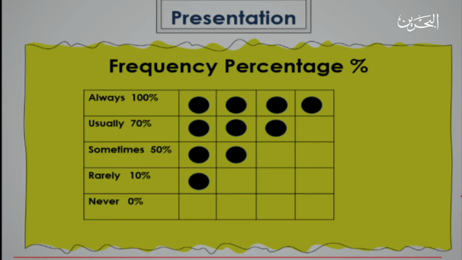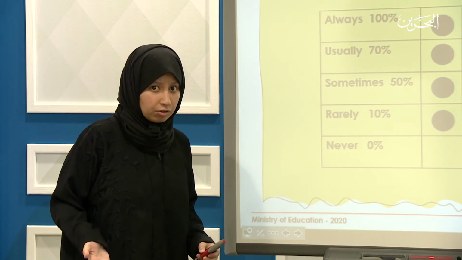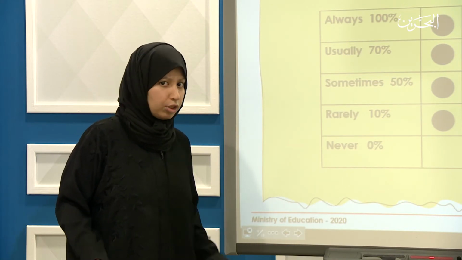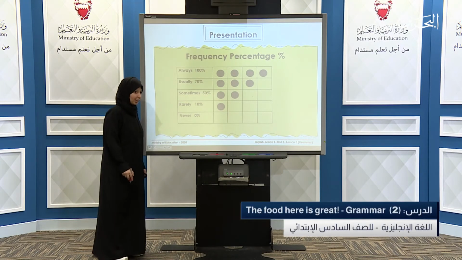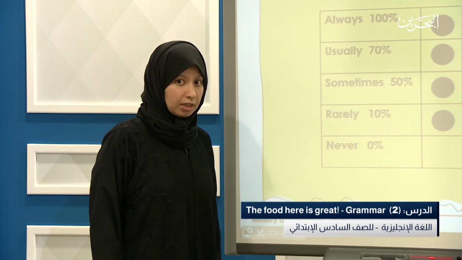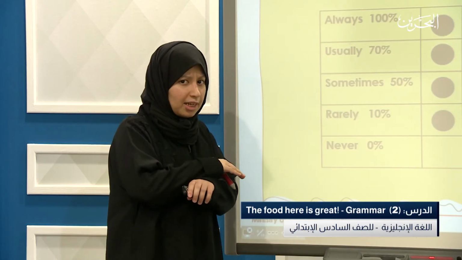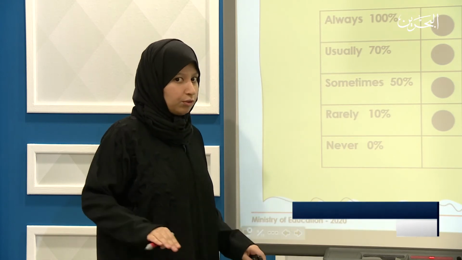Sometimes means that we do this action 50% of the time. Sometimes, yes, we do this activity, sometimes, no. Rarely means that we do this action 10% of the time. And never means that we do this action 0% of the time. We don't do this action.